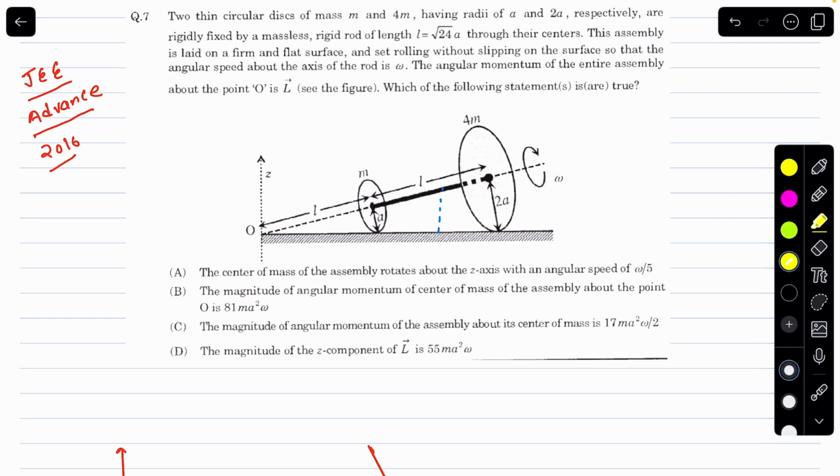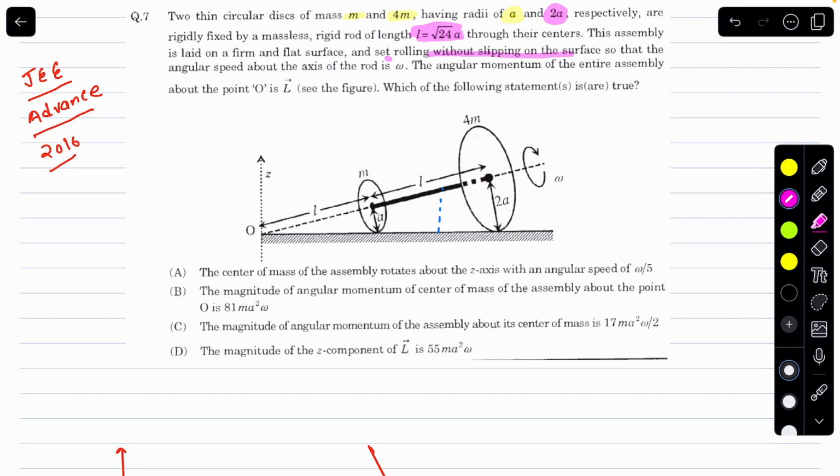This is important information. The masses are M and 4M, and then we have the radii A and 2A, and the length is root 24 A.